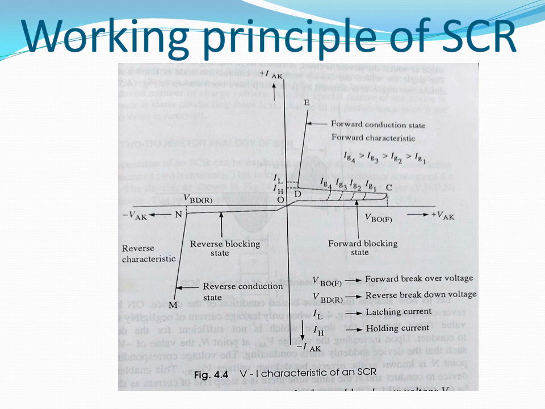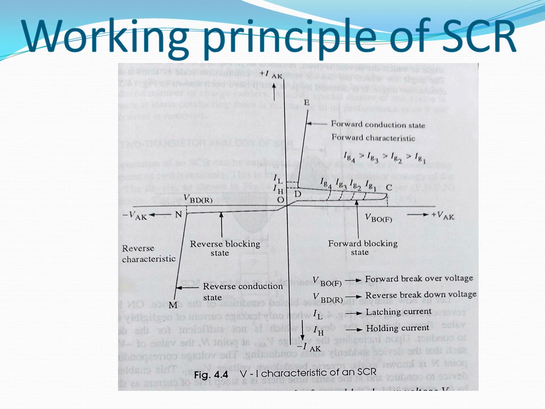IL and IH are the latching current and holding current respectively. The moment the SCR starts conducting, a large amount of current flows through the SCR. This current must be controlled with the help of some external impedance or it will damage the SCR.